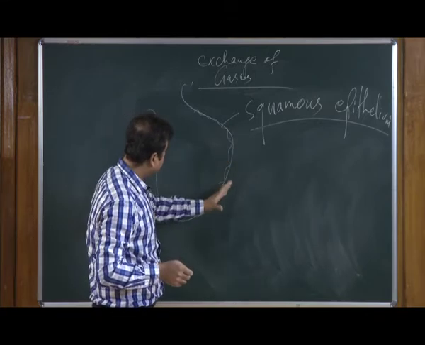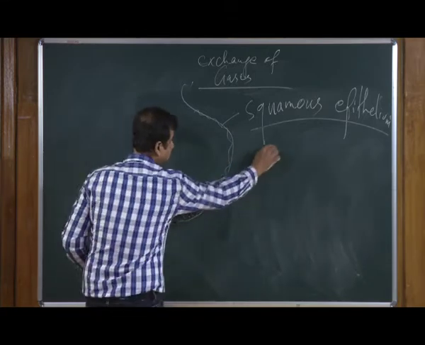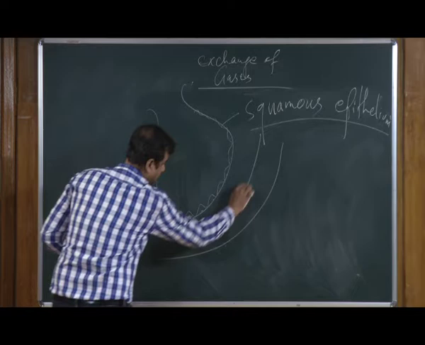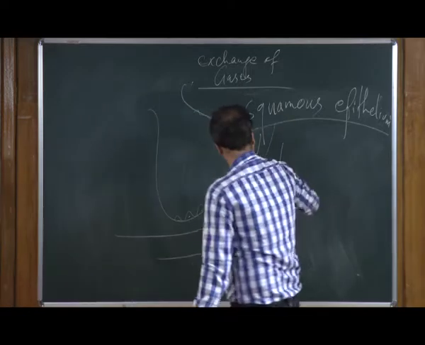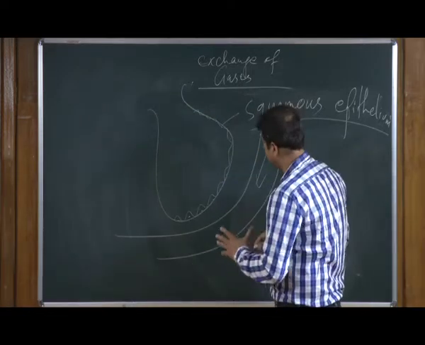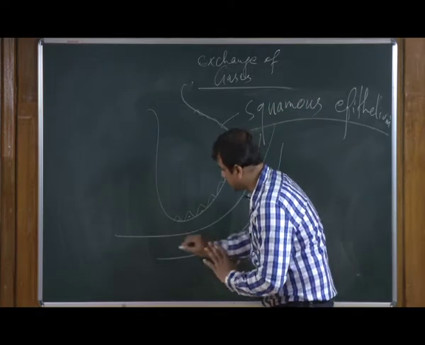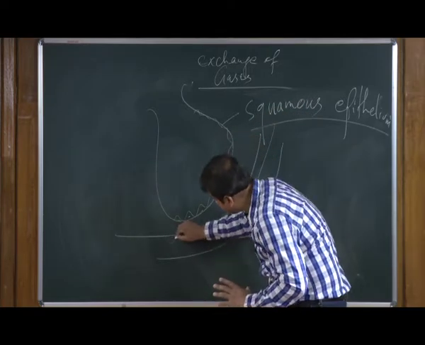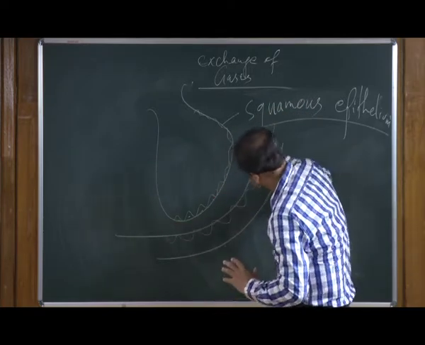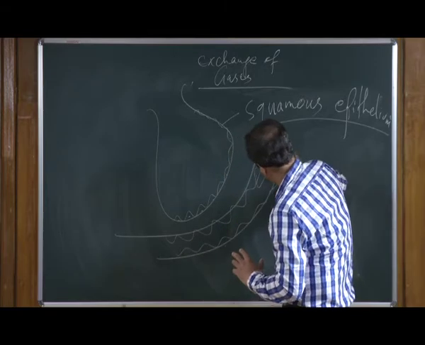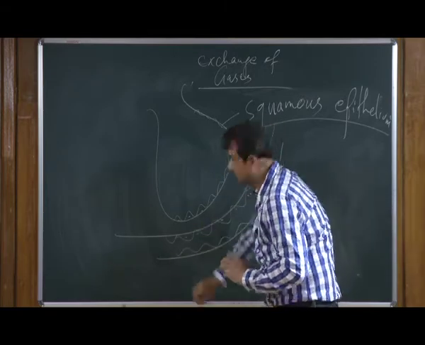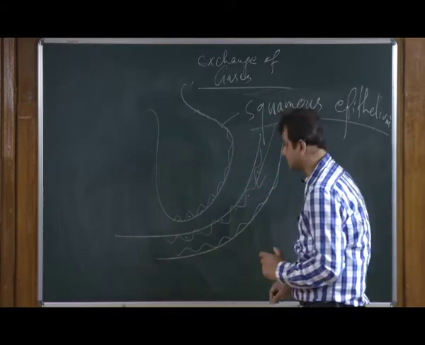Now, this epithelium is very thin, and as we discussed, the blood is coming either from the tissue side or going towards the tissue side. Anyway, we will just try to understand here. So, we have a very thin lining here. We called it endothelium, as I discussed earlier also.